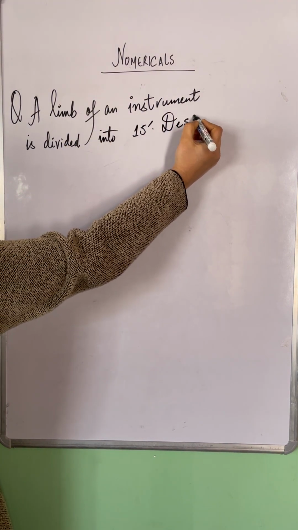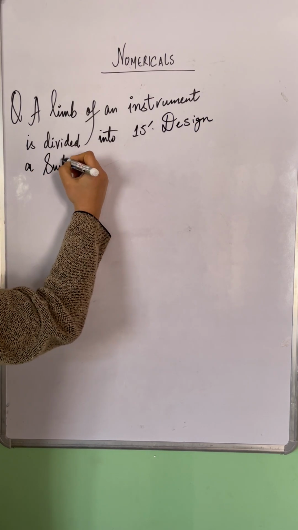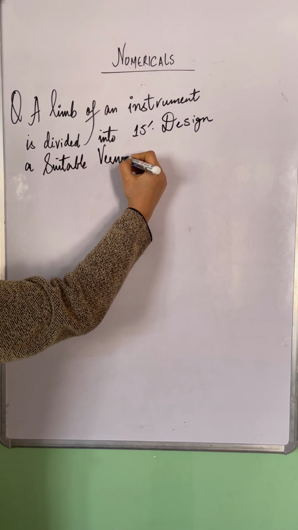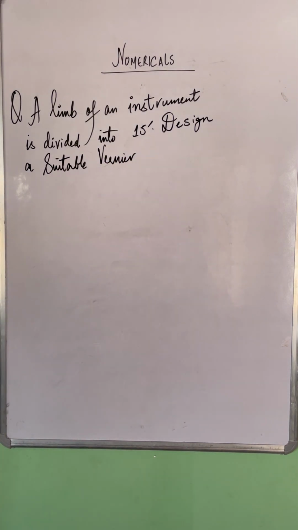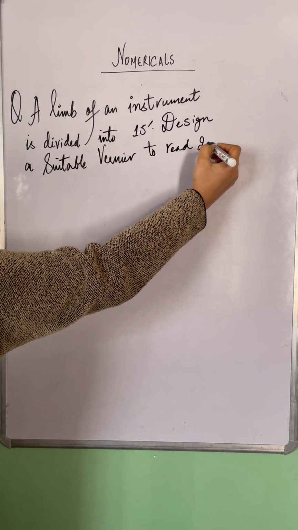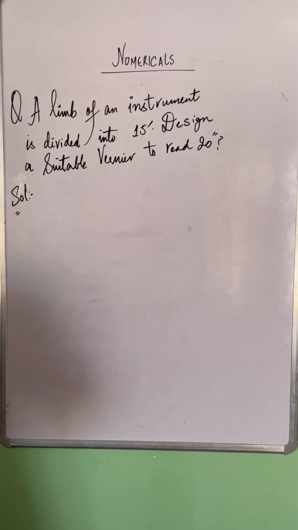We have to design a suitable vernier to read 20 seconds, right? The question is, a limb of an instrument is divided into 15 minutes. Design a suitable vernier to read 20 seconds.